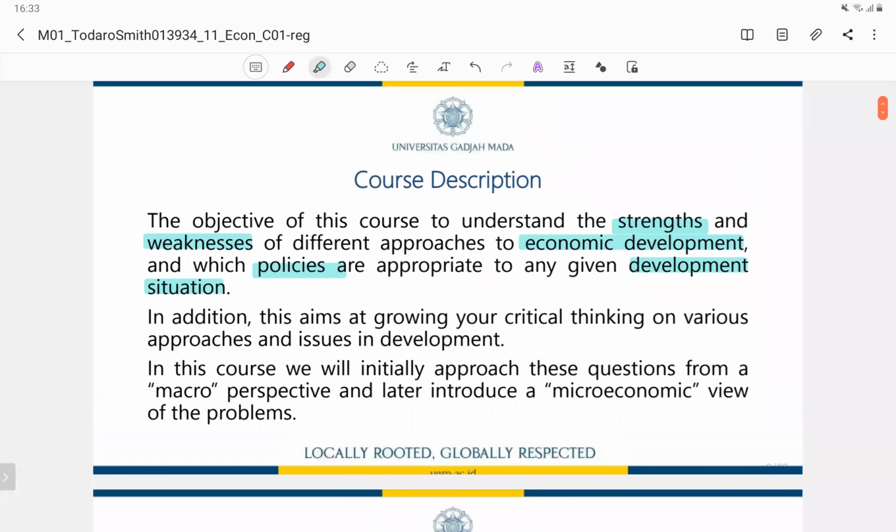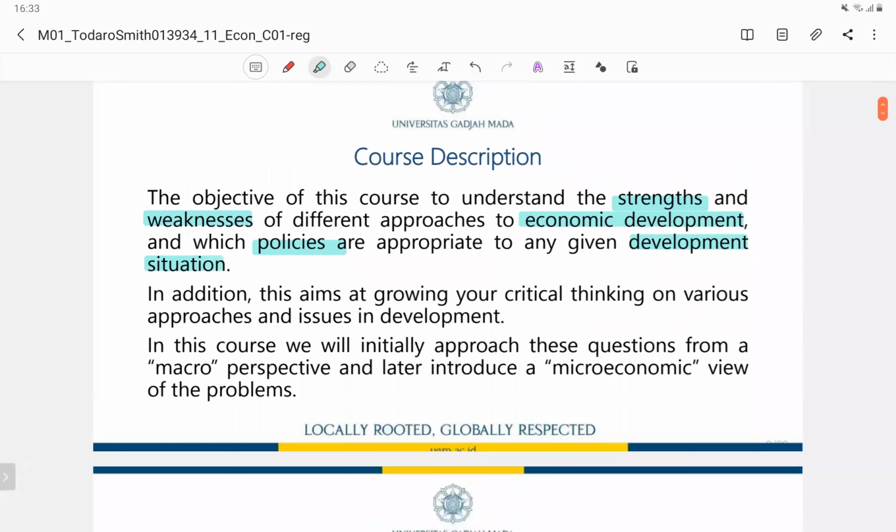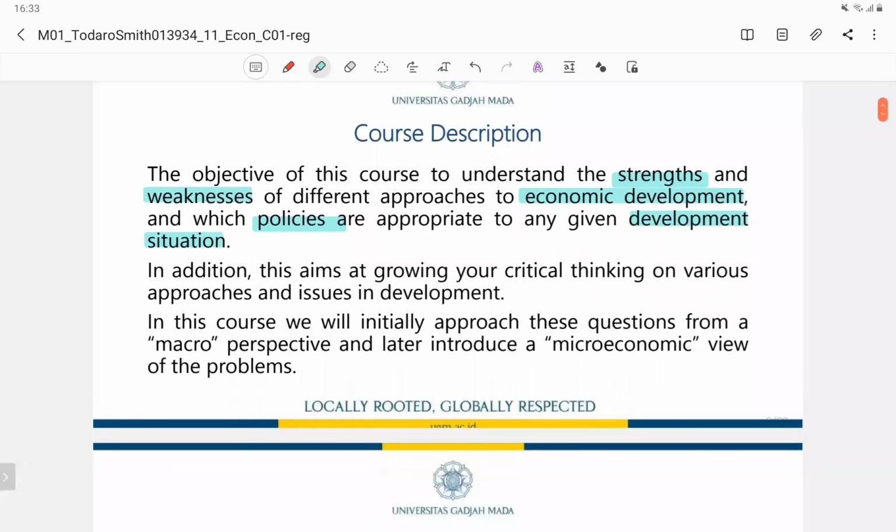In the more advanced course, we will talk in the more positive sense instead of in the ideal sense. In addition, this course aims at growing your critical thinking on various approaches and issues in development. So we will also focus on your critical thinking in the approach to issues in development.